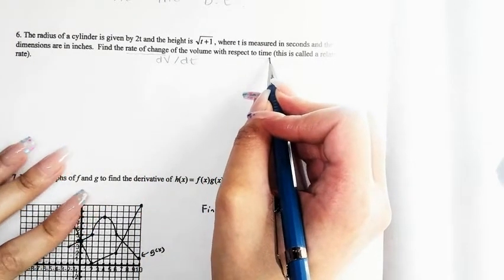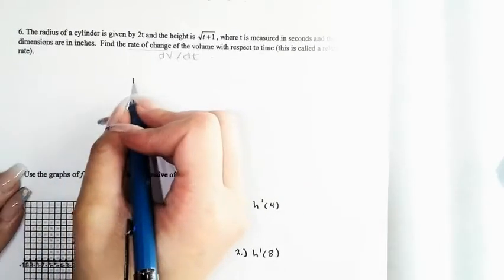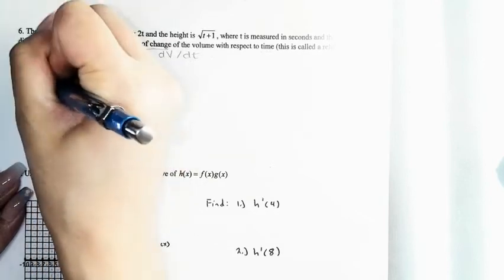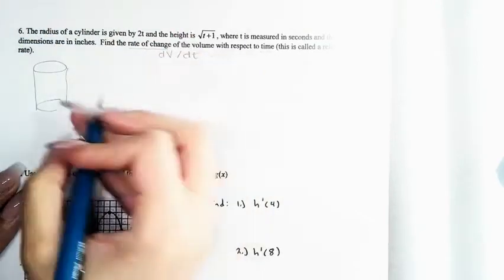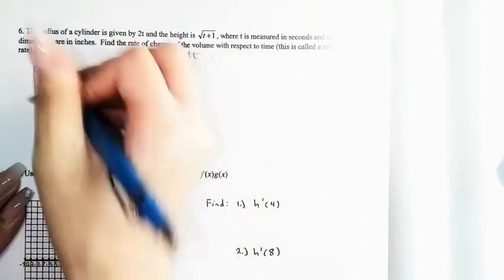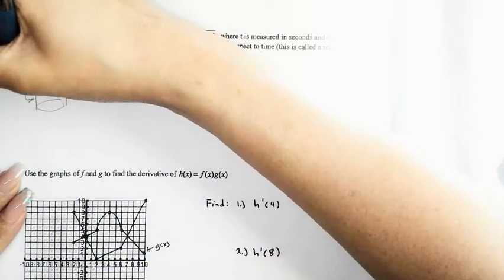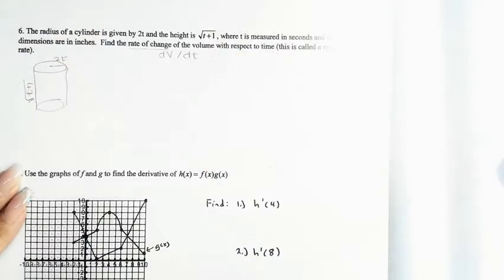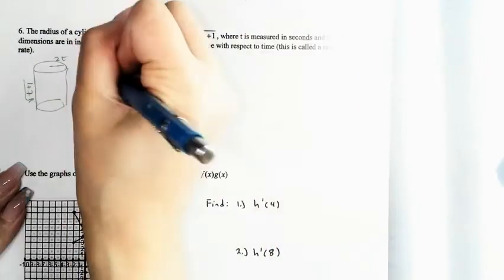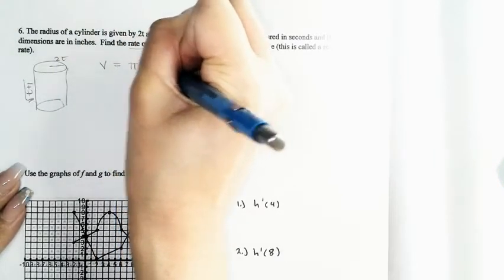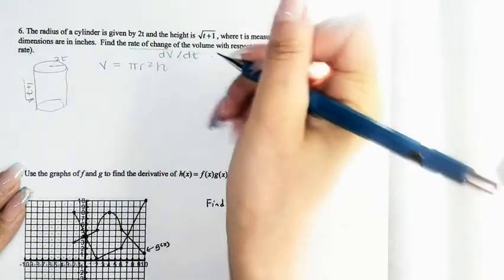So what situation do you have? In this situation, you have a cylinder. Not very pretty, but that's a cylinder. The radius is 2t, and the height, you know that it's going to be root t plus 1. So you know that the volume is going to be equal to pi r squared times h.